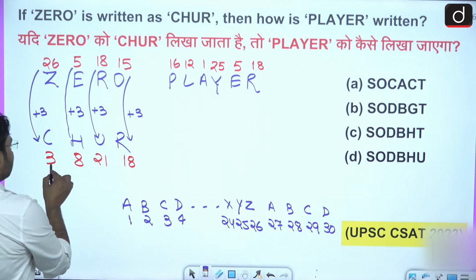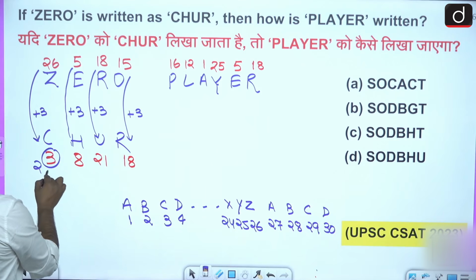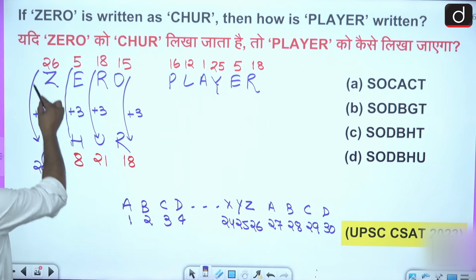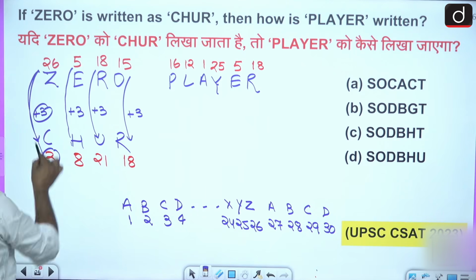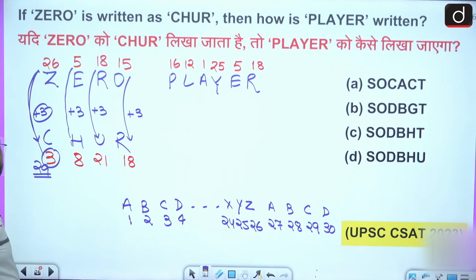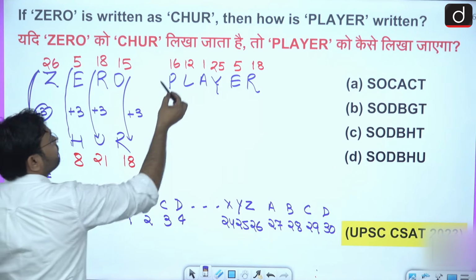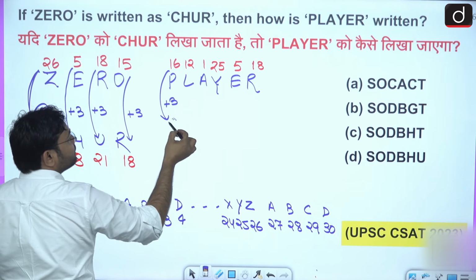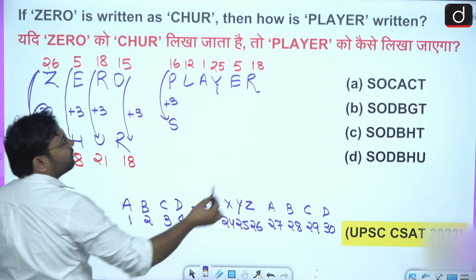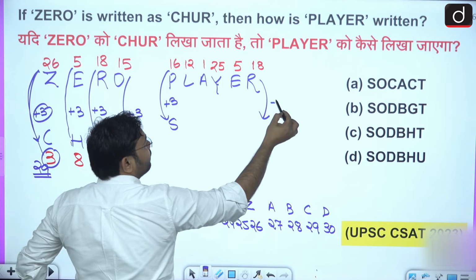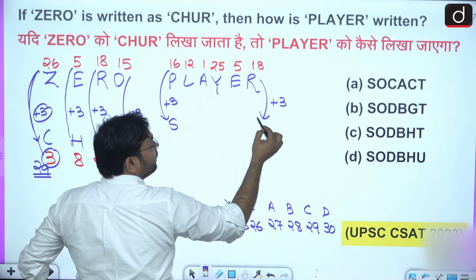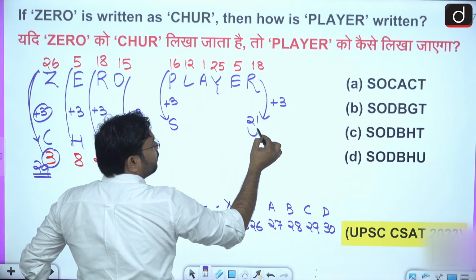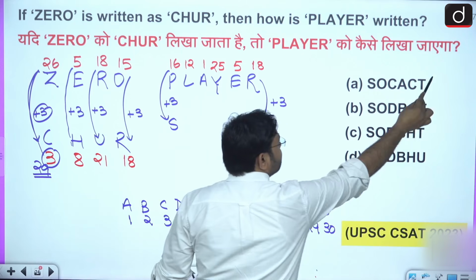So we can write 29 here also. So 26 plus 3 is also 3 for this one. Done. Plus 3. 19 is S, but plus 3 gives 22 and 21 is U. U is the only last letter written.